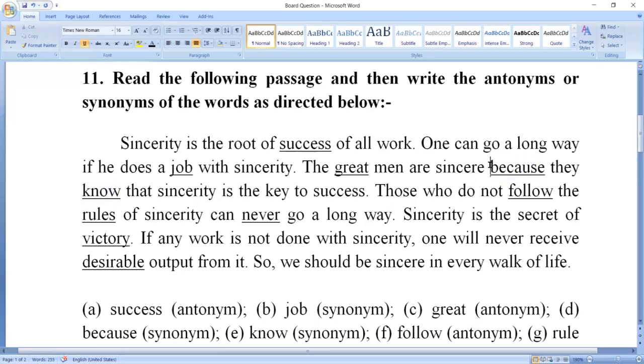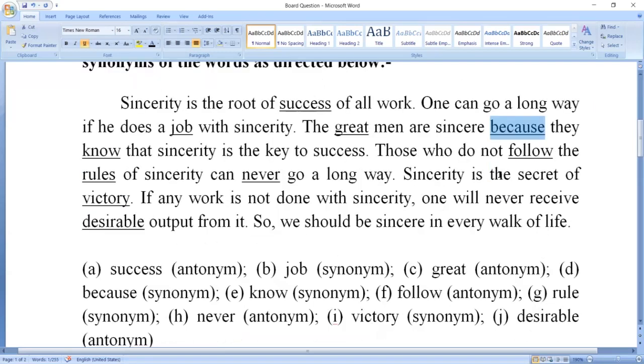This is a conjunction and it indicates the reason or cause. Those who do not follow the rules of sincerity can never go a long way. That is, the people who do not become sincere in their activity will not be successful, or they will not be able to become successful in their way of life.